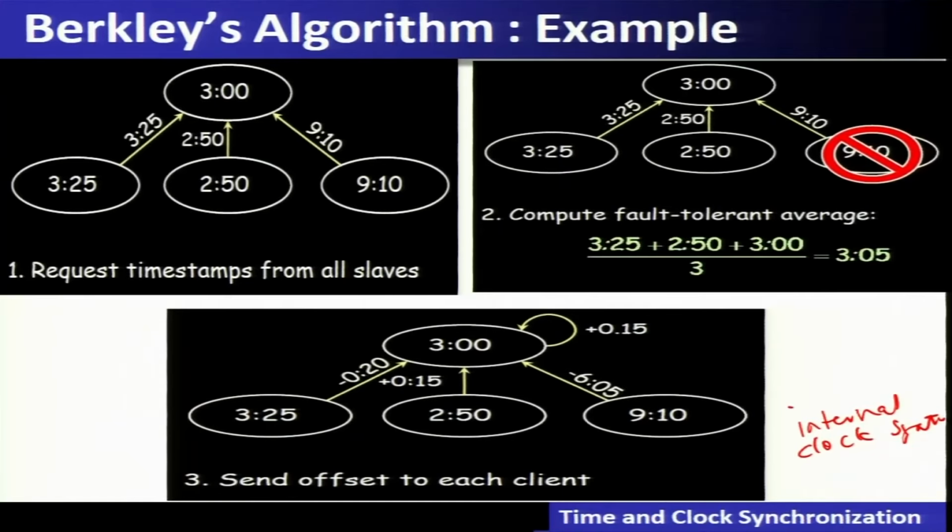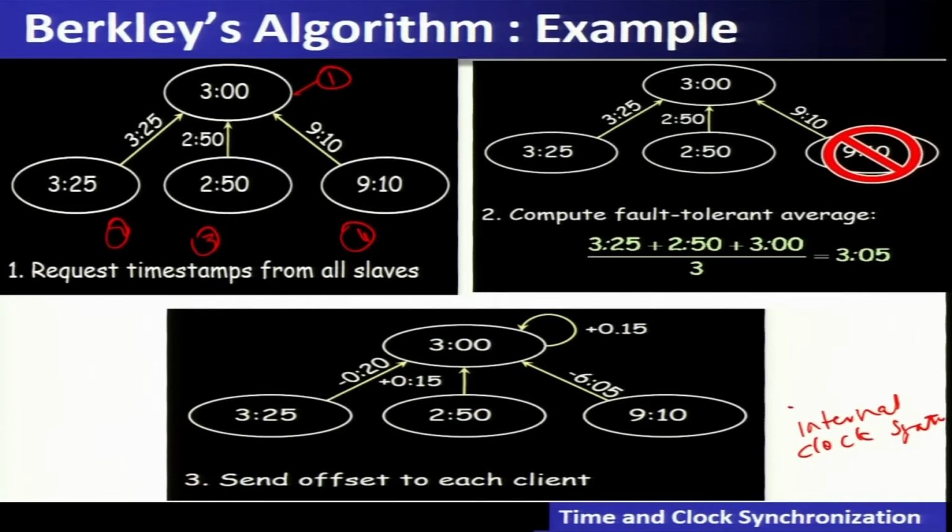Here in this example we have 4 different clocks running, out of which one is the master, which polls all the other clock values; those are called slaves. Let us say clock 2, clock 3, and clock 4 will send their time stamp values to the master, which has the clock value 3.